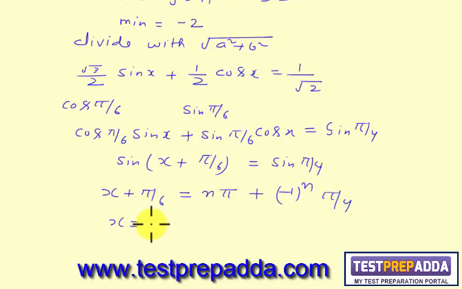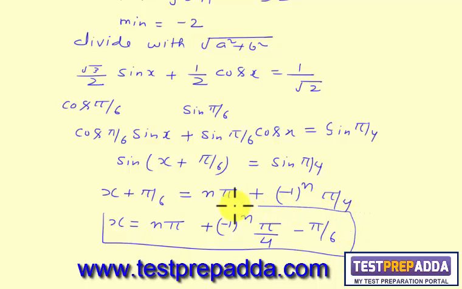So x will be written as n pi plus minus 1 to the power n pi by 4 minus pi by 6. Got it? So this way we get the solution.